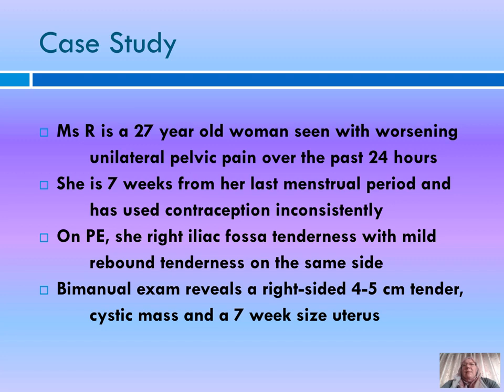uterus. Speculum examination is not recorded here and should have been done also, but is essentially normal. And the bimanual examination, which means digital PV examination, reveals a 4 to 5 centimeter tender cystic mass.